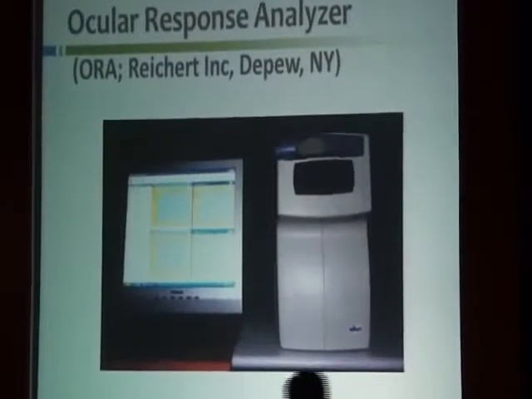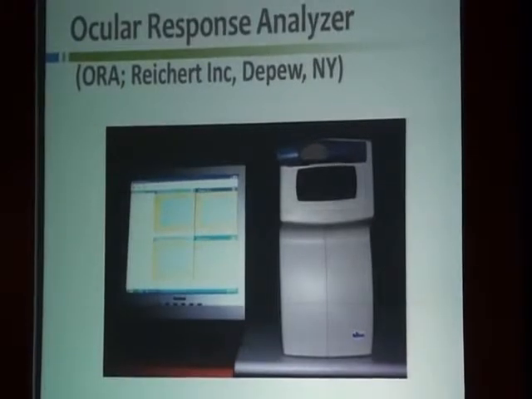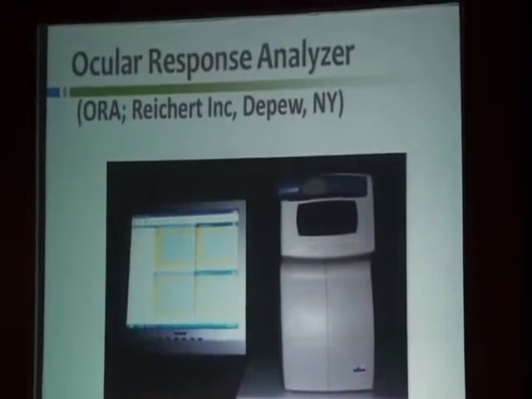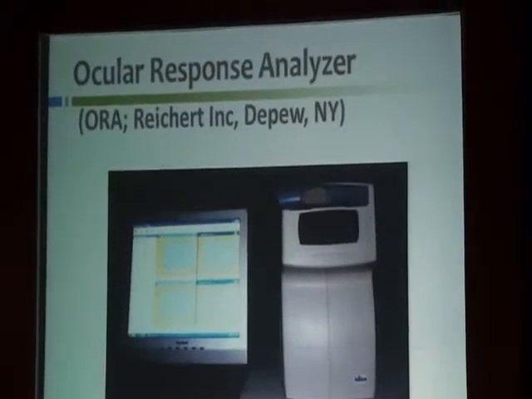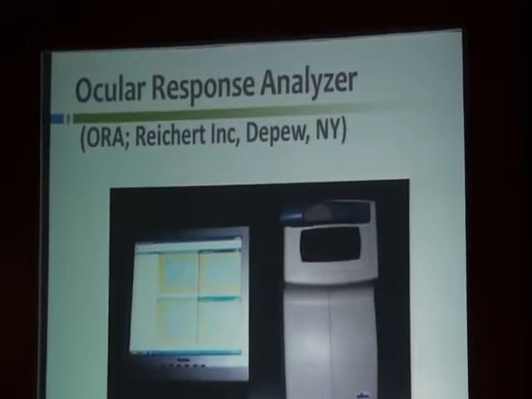The ocular response analyzer is a novel instrument which measures the intraocular pressure in the eye by a non-contact method. It was also, like I said, the first instrument that could actually measure the corneal hysteresis.